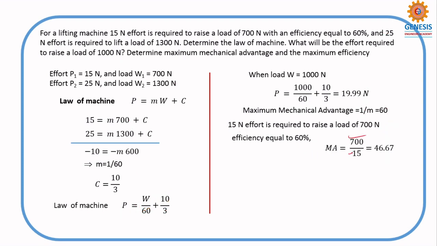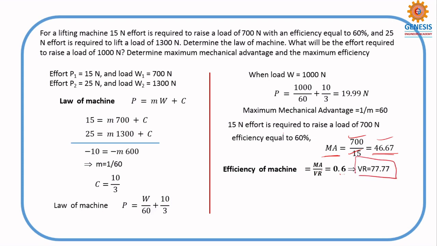So I have solved this one. The mechanical advantage is 46.67, but the efficiency is 60%, so it is 0.6.